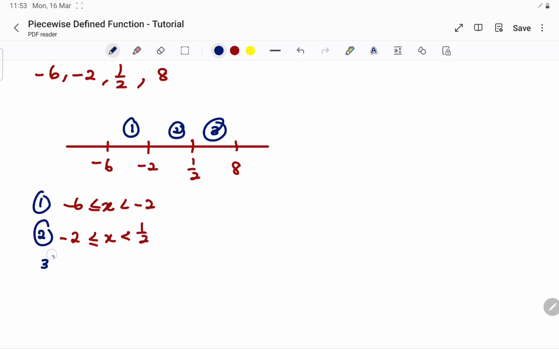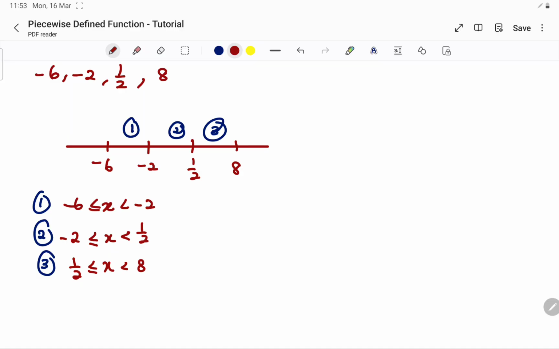The third one will become 1 over 2 until 8. So we have to find out whether it is positive or negative for each of these regions.